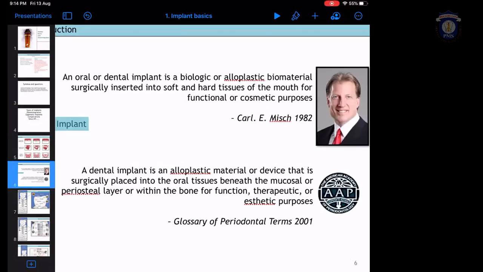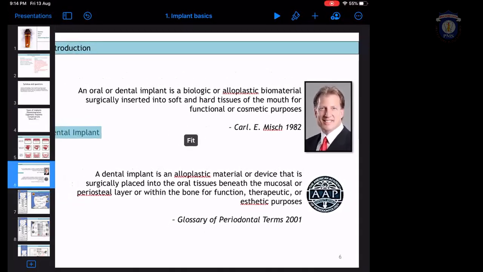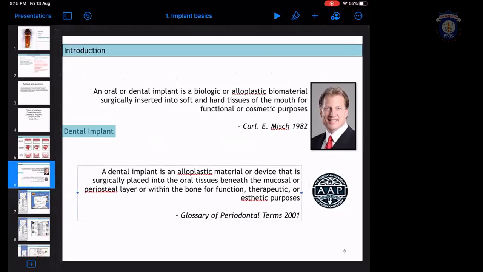Okay. So a dental implant is a biologic or alloplastic biomaterial which is surgically inserted into the soft and hard tissues of the mouth for functional or cosmetic purposes. This was defined by Carl E. Misch in 1980. Okay.